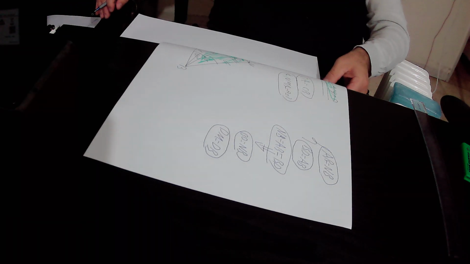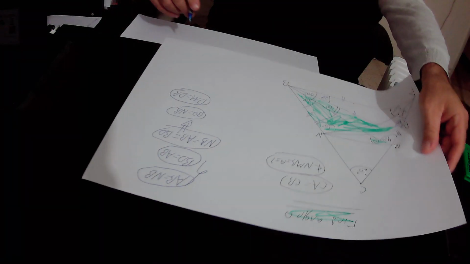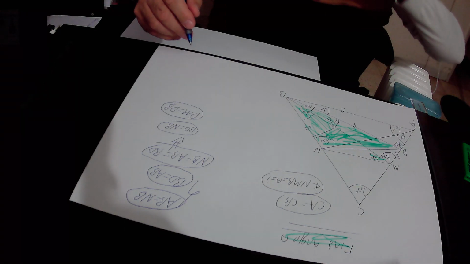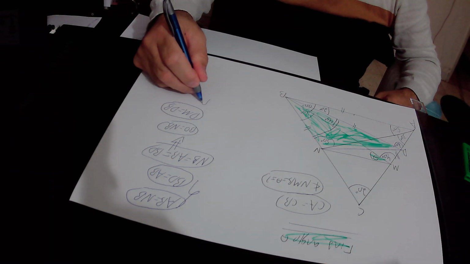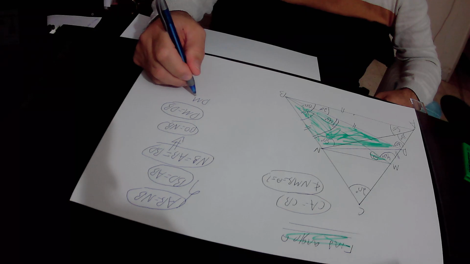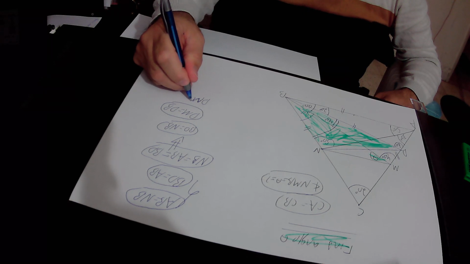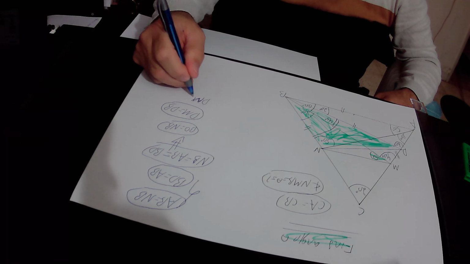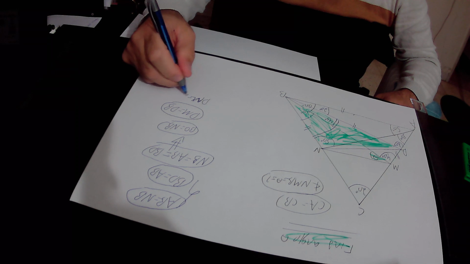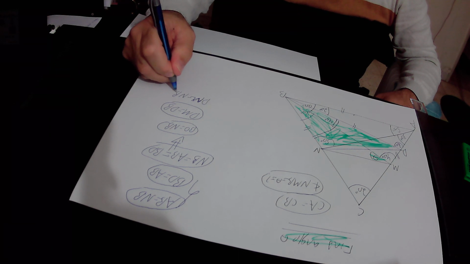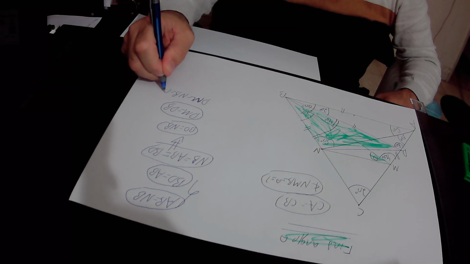Write it down also here: in the equilateral triangle DNB, side DN equals side NB equals side DB.